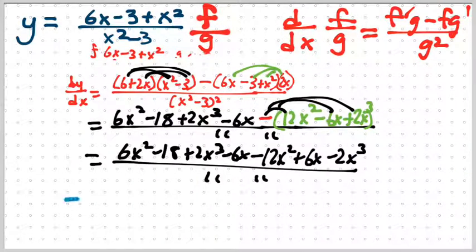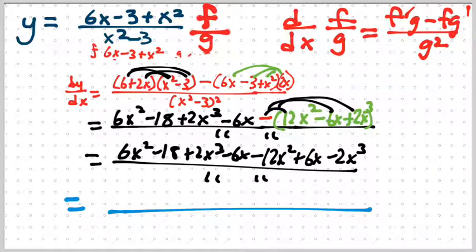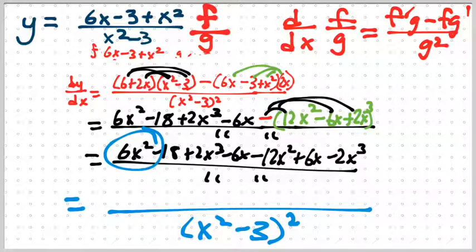So now if I combine my like terms, this is my final step here, so I'm going to bring the bottom back just so my answer is complete. 6x squared, any other x squared terms? Here's one. 6 minus 12 is negative 6x squared. Any constants? Negative 18. I believe that's the only constant.